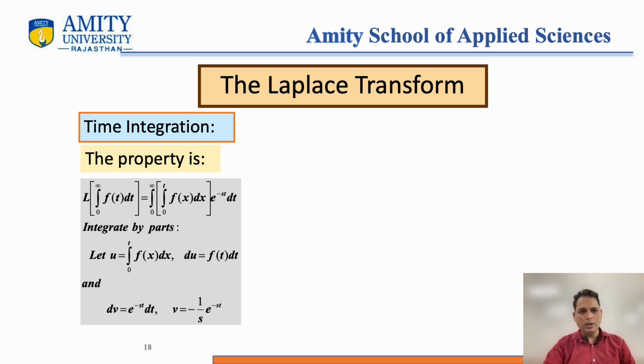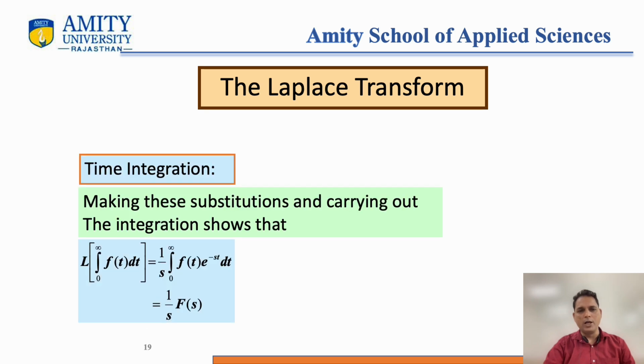On solving that, we get one more thing to consider, dv is equal to e to the power minus st dt. On integrating that, we get v equal to e to the power minus st upon minus s in the denominator. So we have decided the value of u and the value of v. Now applying integration by parts, we have got it.